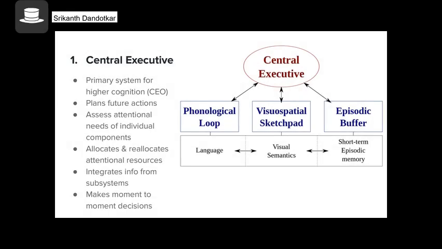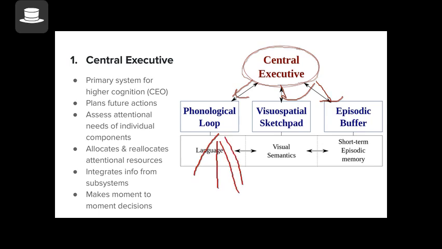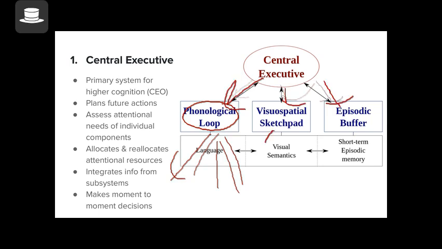So another way to think about the central executive is to think about it as the CEO of a large company. Now, remember, the CEO doesn't do actual work, right? He makes important decisions and he delegates work to the managers or the employees. He doesn't even look at the work of the individual employees, but delegates work to the managers, who in turn will take care of the work.